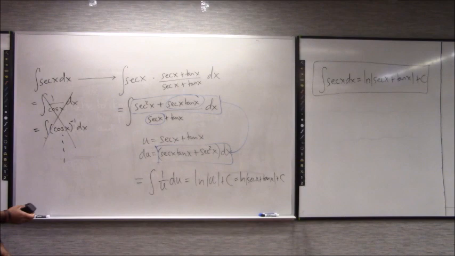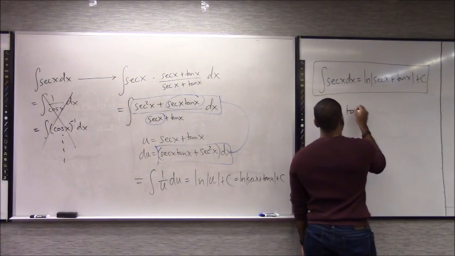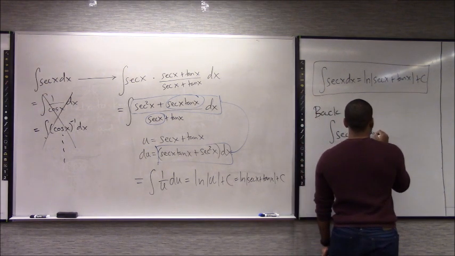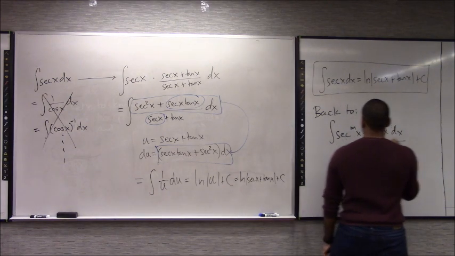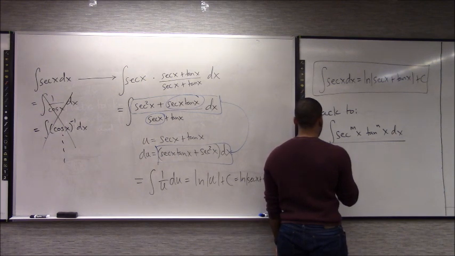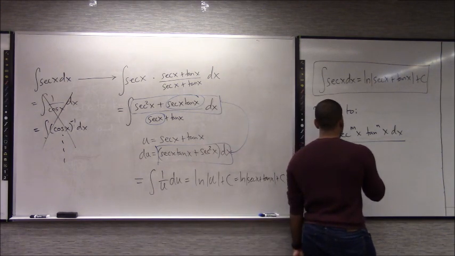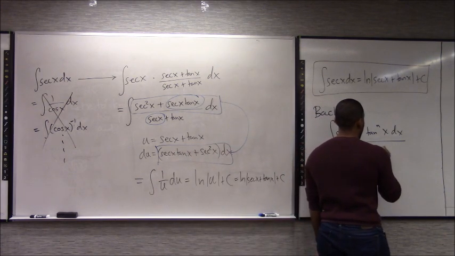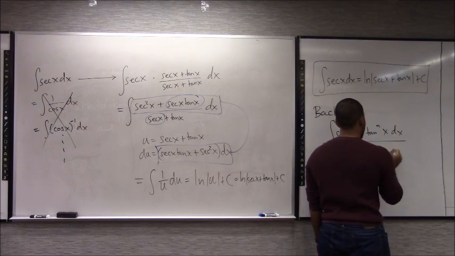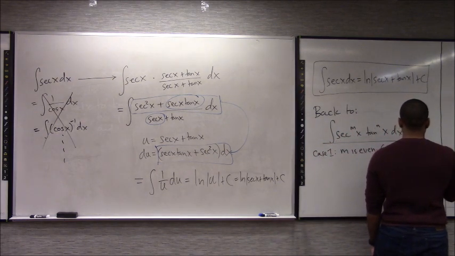Okay, so now that we have the basics down, let's go back. So here are the cases that we're going to look at. Case 1 occurs when m is even and tan is present.